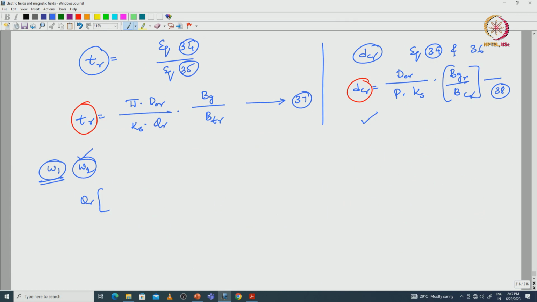QR number of slots into W2R, the width of the rotor slots at the bottom side, plus tooth width TR, this is the perimeter with respect to the bottom side of the rotor slot, that is equal to pi into, in terms of dir we will write, because W2 is near the inner diameter of the rotor, dir plus 2 into dcr, that is depth of the back iron, plus r2r.